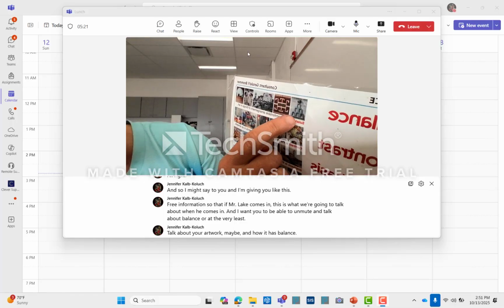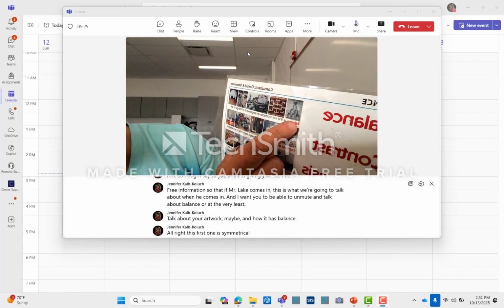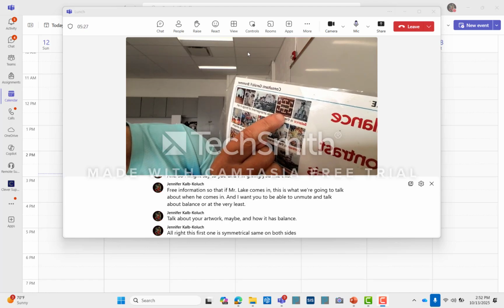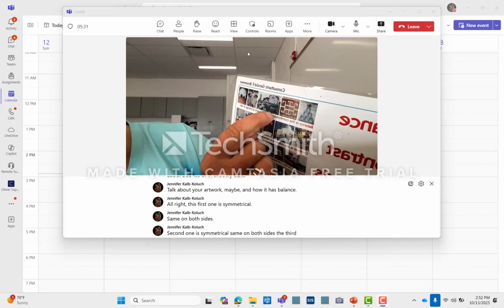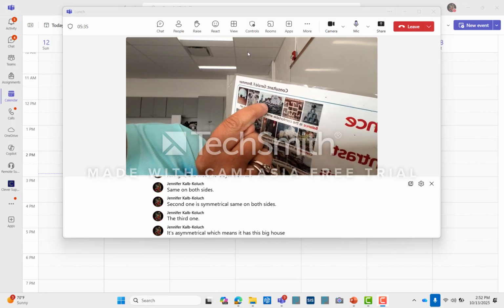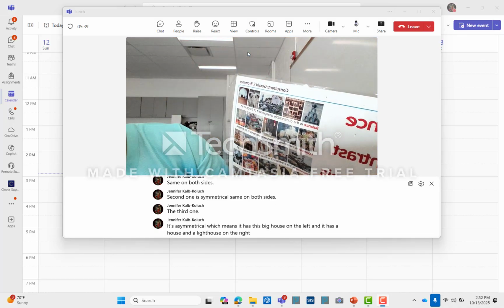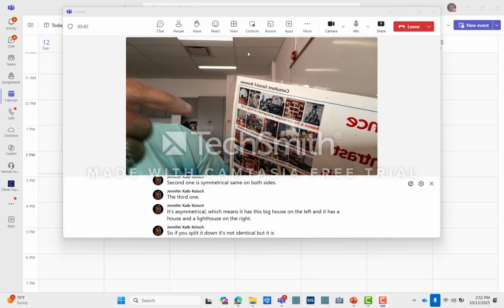All right. This first one is symmetrical, same on both sides. Second one is symmetrical, same on both sides. The third one, it's asymmetrical, which means it has this big house on the left and it has a house and a lighthouse on the right. So if you split it down, it's not identical, but it is asymmetrically balanced.